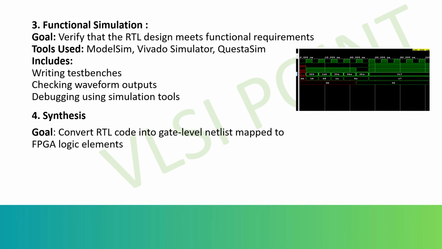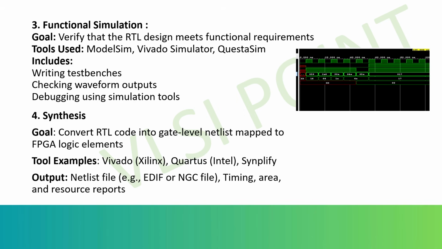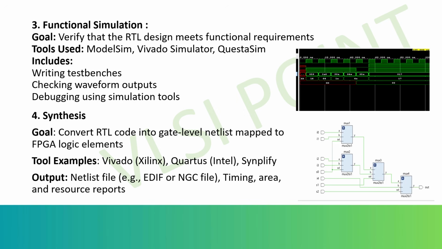Then there will be synthesis. Synthesis will convert your RTL into a netlist mapped to the FPGA. The resources will be LUTs, that is lookup tables, then flip-flops, BRAMs, that is block RAMs, and DSP slices. For this you can use tools like Vivado or Quartus. After synthesis, we perform the implementation part.